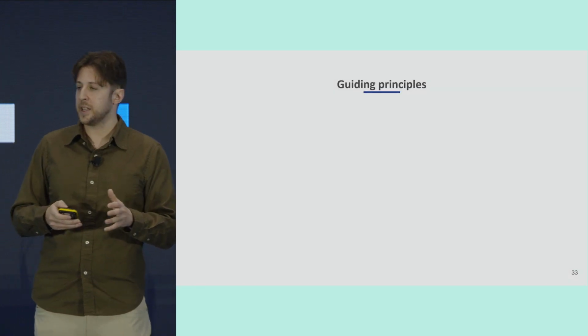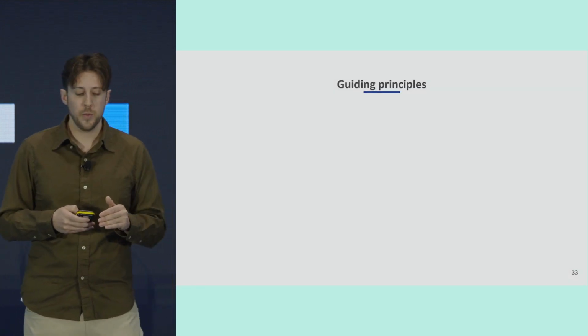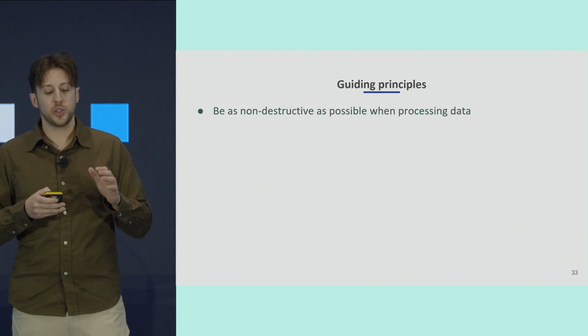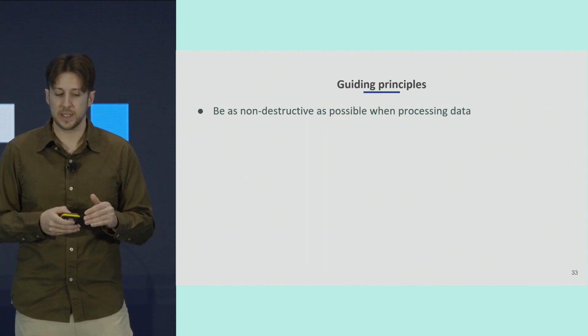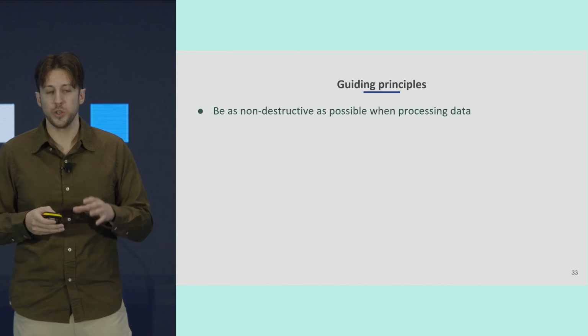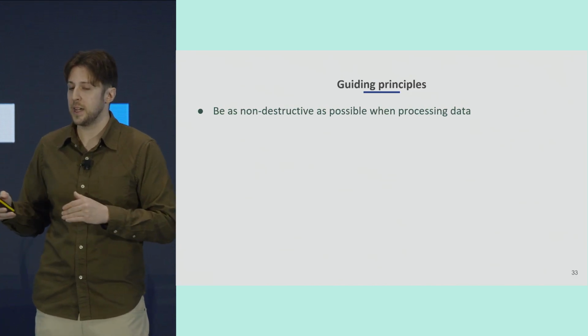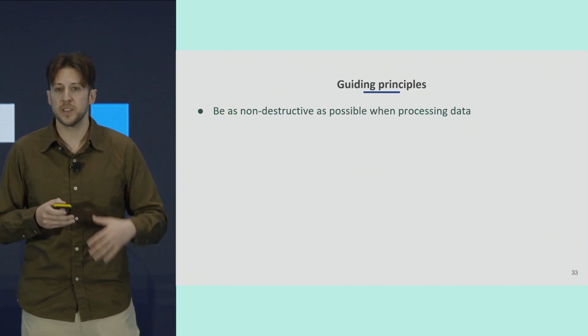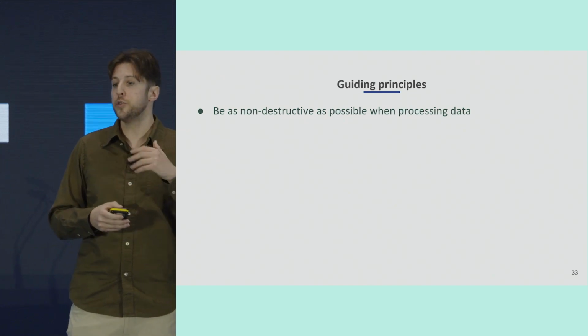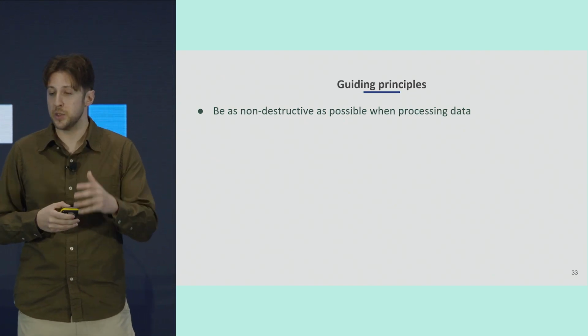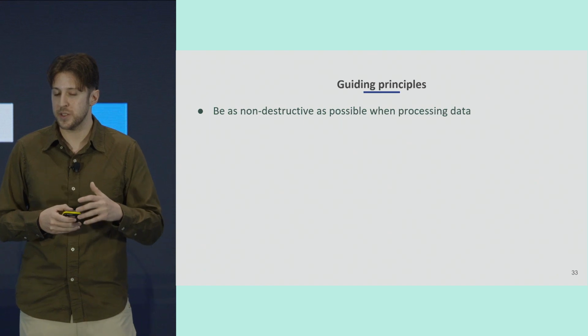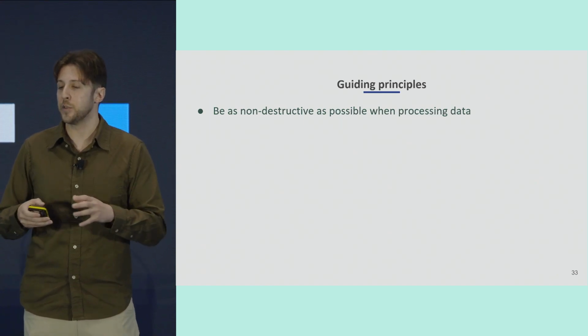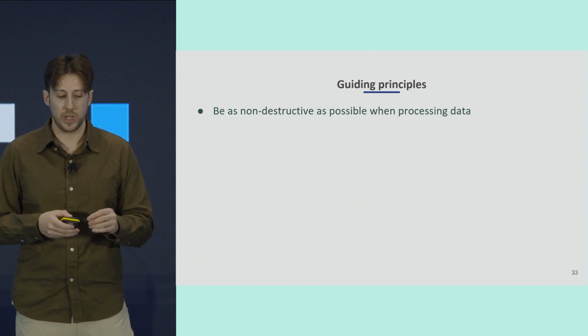Okay, so what are the guiding principles that we have for the data platform? The first is to be as non-destructive as possible when processing data. This is incredibly important. You want to create as much flexibility downstream to be able to remix and reconfigure data sets with new filtering configs, with new signals, new processors, and make it really easy for people to test out these different configurations.